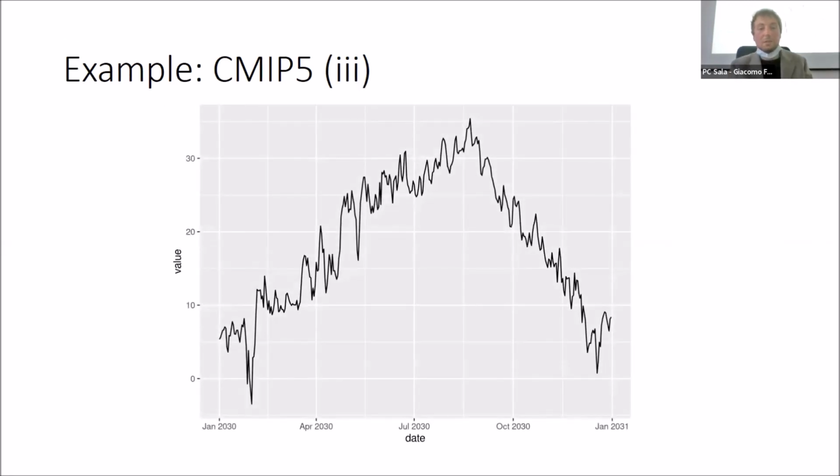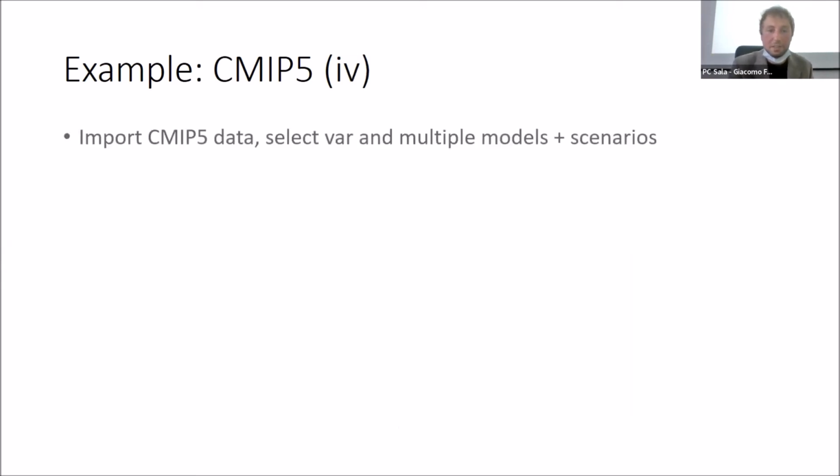So basically, for instance, this is for RCP 4.5, the evolution of maximum temperature over Venice in all the days of the year 2030, according to the model that we asked for. But here comes the interesting thing that you can do, to get multiple models and scenarios at the same time.